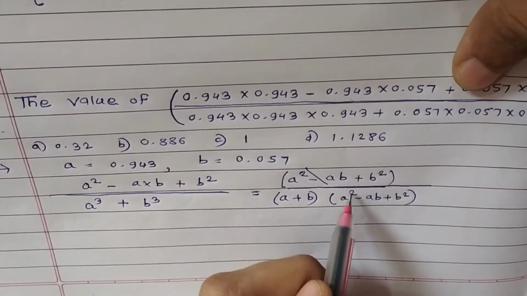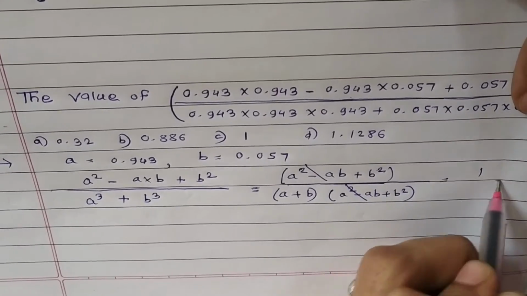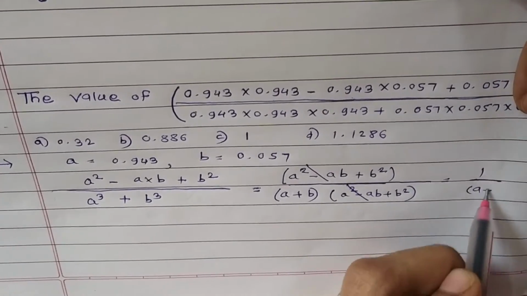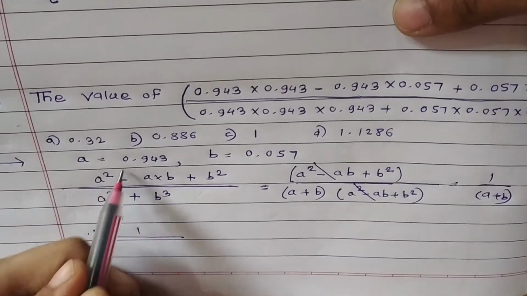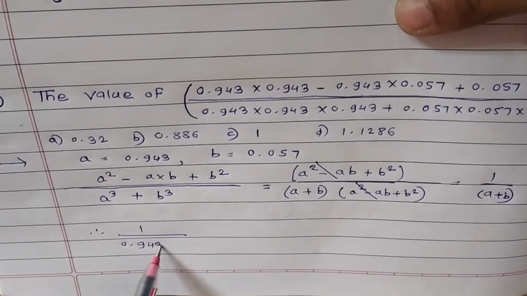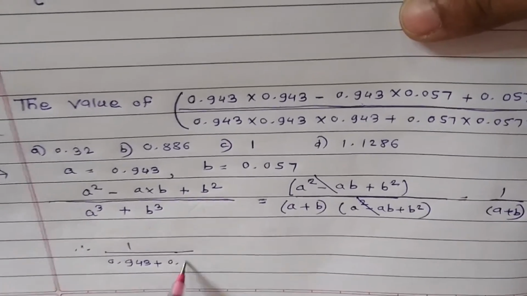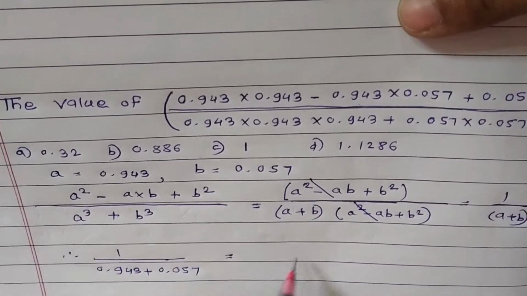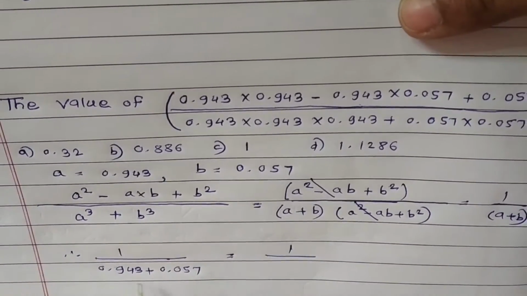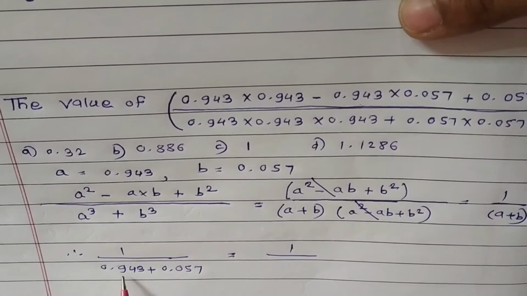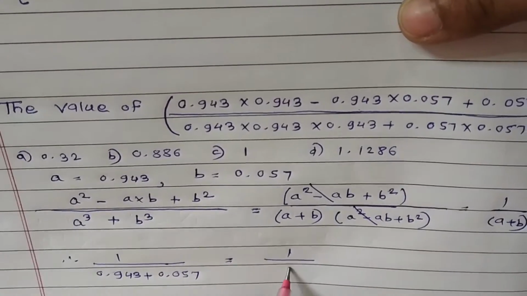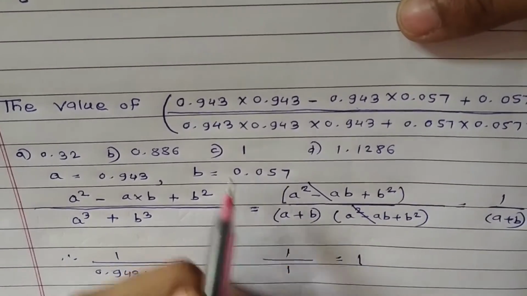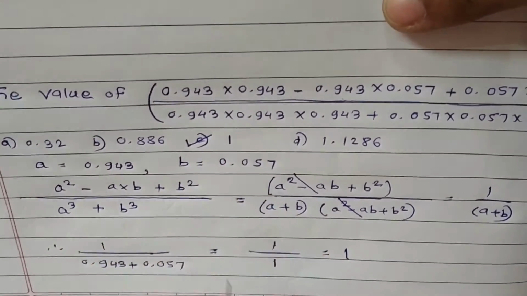So this will get cancelled with this and you remain with 1 upon A plus B. Hence 1 upon A is 0.943 plus B is 0.057, which is equal to 1 upon the addition of 0.943 and 0.057 is 1, which is equal to 1. Hence your option C is correct.